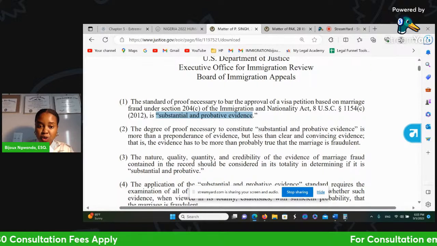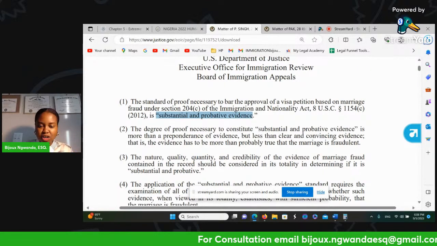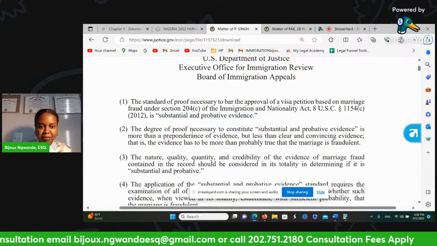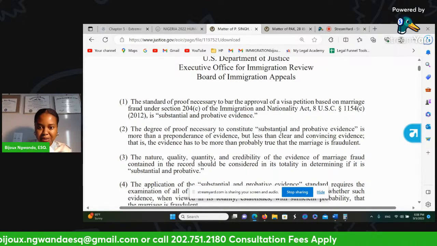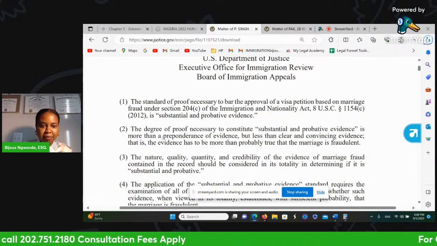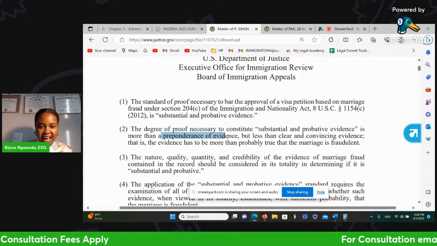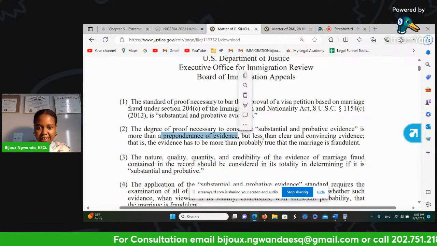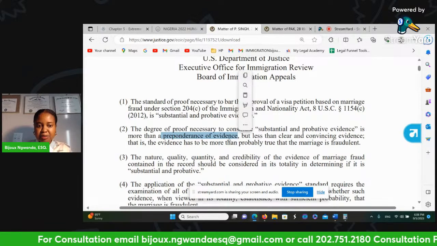USCIS has to show us substantial and probative evidence, not just some allegations, right? They have to actually show it, okay? And the degree of proof necessary to constitute substantial and probative evidence is more than a preponderance of evidence. Preponderance of evidence is like the lowest standard, and then it's more than that.